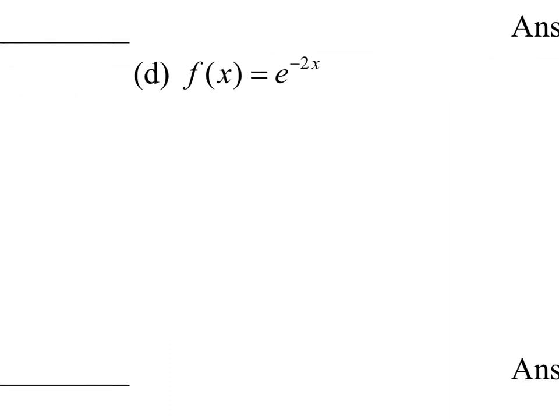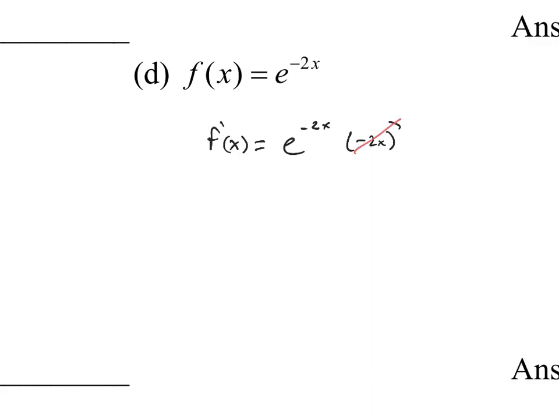We have e to the negative 2x. I want to find the derivative of that. Again, I'm going to use the chain rule. The chain rule for exponential functions just says copy and paste. If we copy and paste, that's e to the negative 2x. But then we have to remember to multiply it times the derivative of negative 2x.